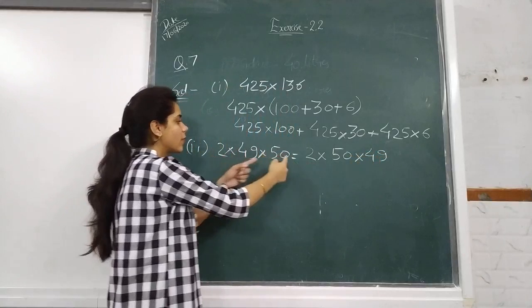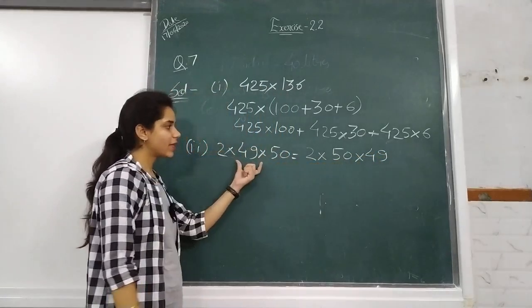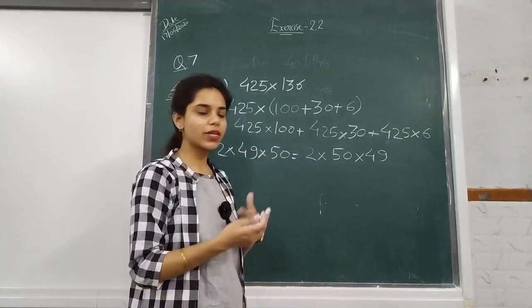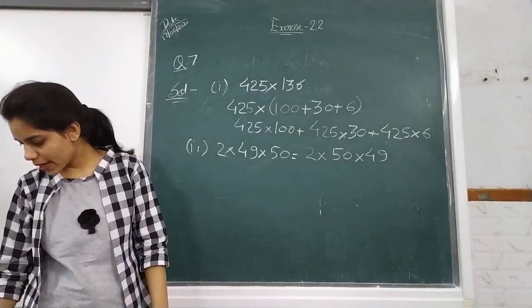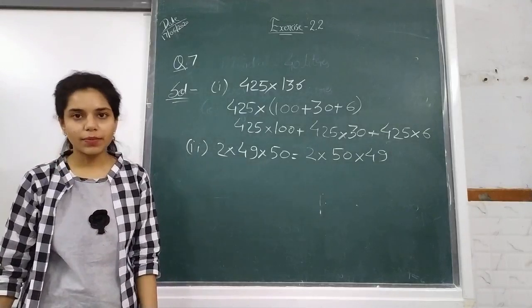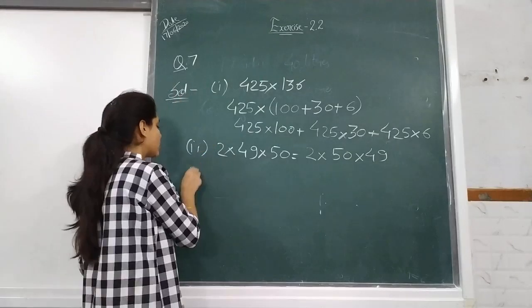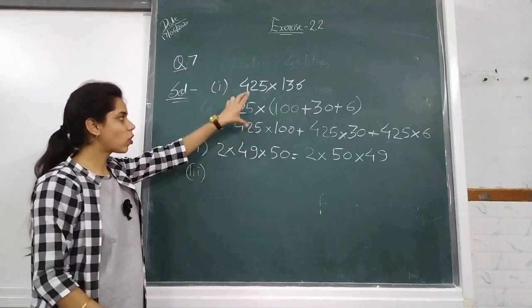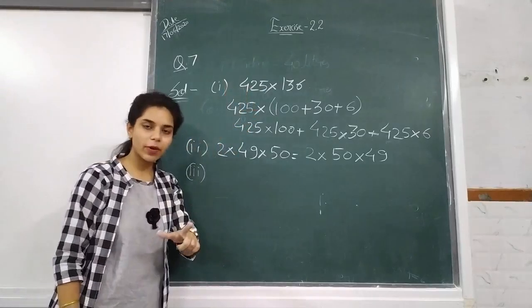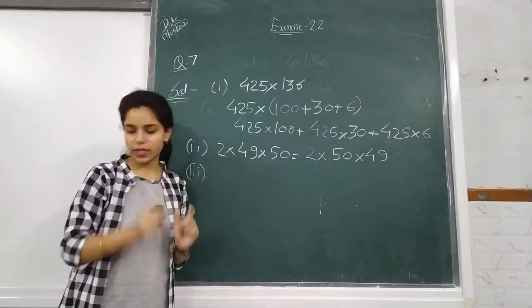Arrangement means 50 comes before 49. So if the arrangement of the terms gets changed, it will be your what? Say, commutativity under multiplication. It will be your commutative law. Okay. Now third is, if you are taking common, it will be your distributive property, and the arrangement of the terms gets changed, so it will be your commutative property.